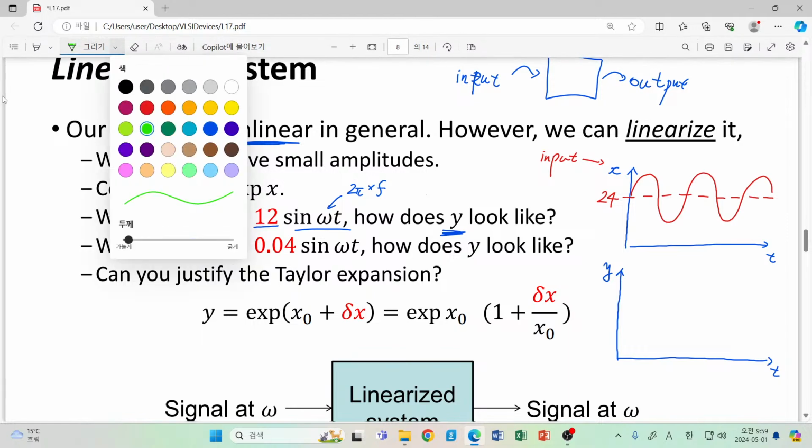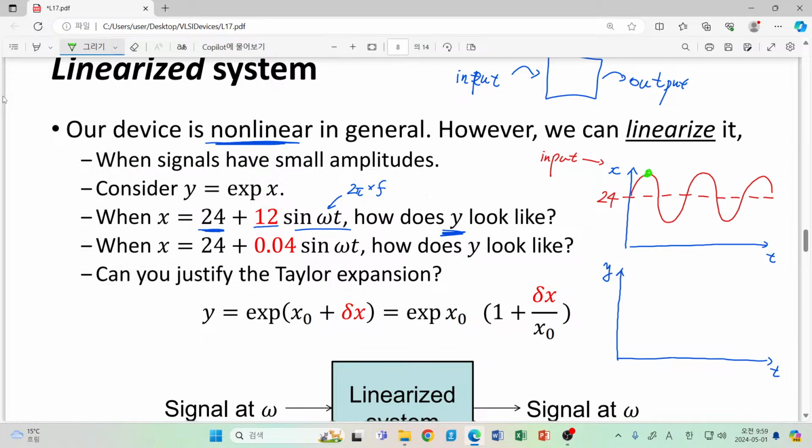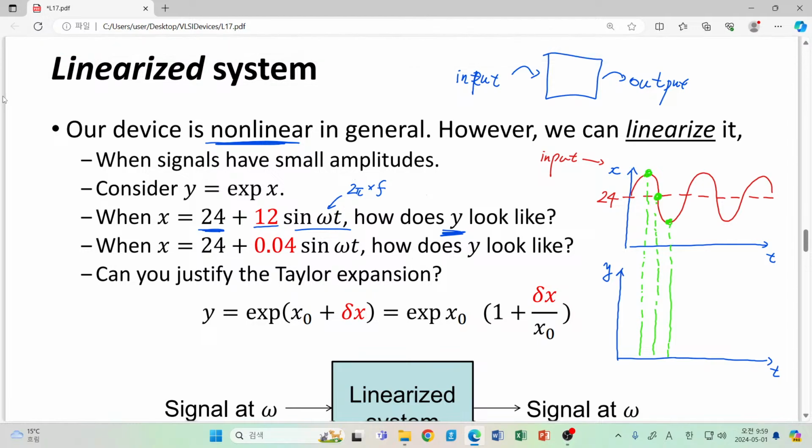For example, here at this point we have x equal to 36, and here we have x value corresponding to 24, and here we have x corresponding to just 12. Then how do these 3 points give you the value?